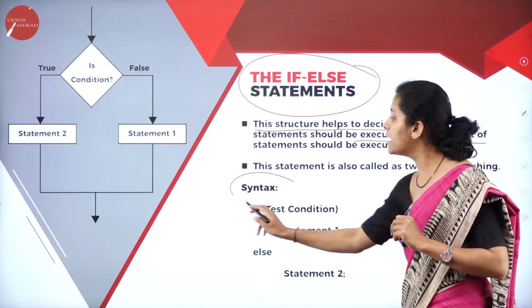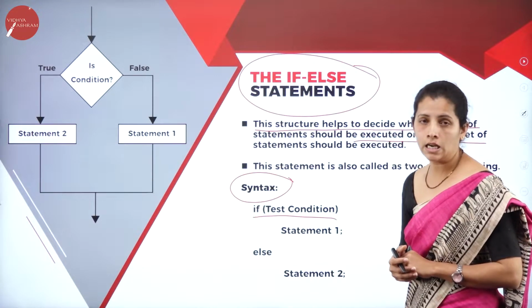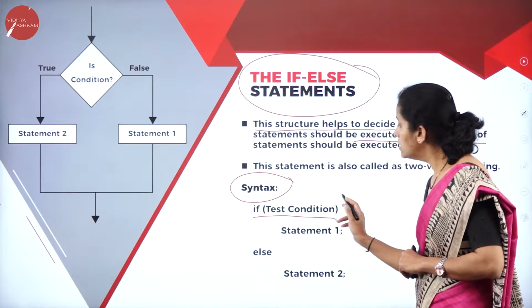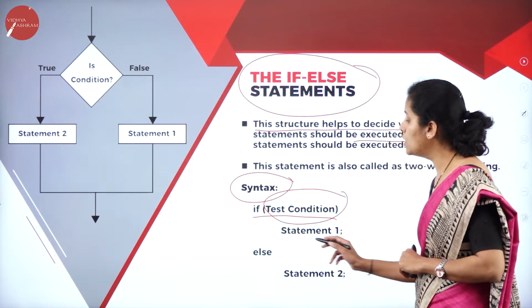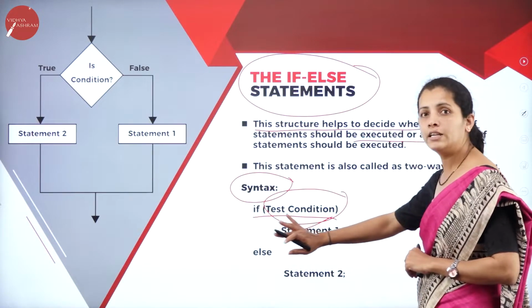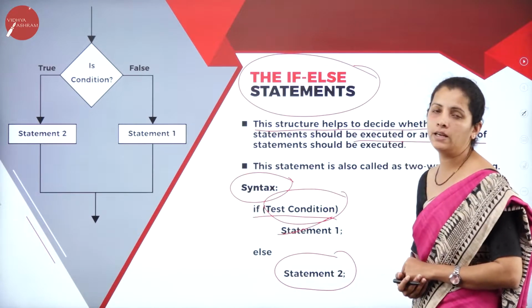So this is the syntax here. At the beginning, I'm going to write the test condition. So if this test condition is true, I'm going to execute statement 1. Else, if this condition is false, then I'm going to execute statement 2.